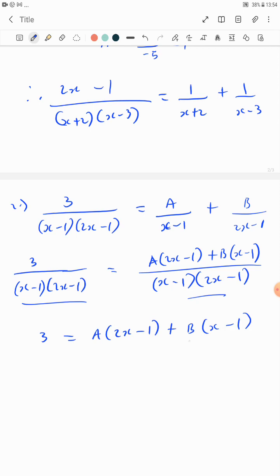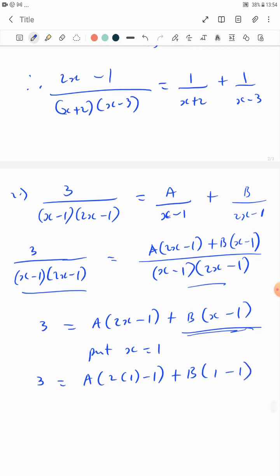Easily, let me start with this. We can see that if we plug in x as 1, that will make this part become 0. So we put x equals 1, because then we have 3 equals a bracket 2 bracket 1 minus 1, plus b bracket 1 minus 1.